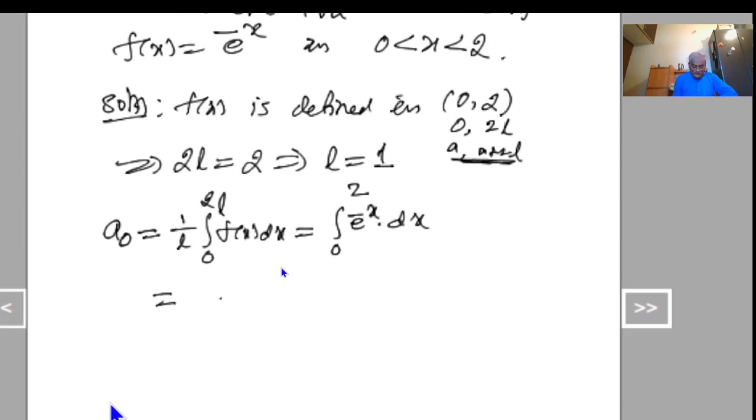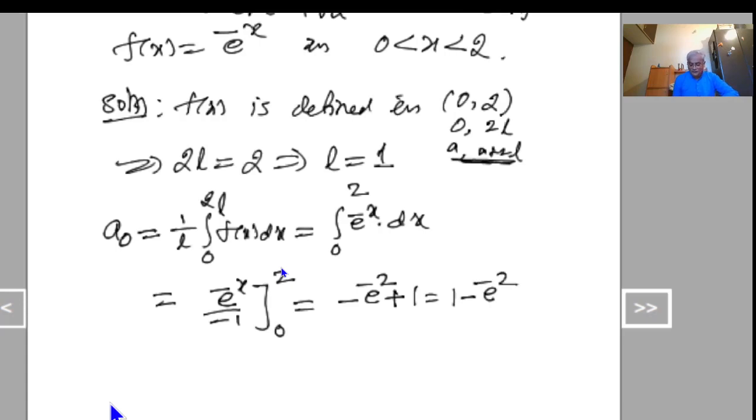Integrating e power of minus x gives e power of minus x divided by minus 1, between 0 and 2. Substituting the upper limit x equal to 2, the first term becomes minus e power of minus 2, minus, put x equal to 0, e raised to 0 is 1, 1 by minus 1, that is a minus of minus, plus 1. This is equal to 1 minus e power of minus 2. So this is our a naught.